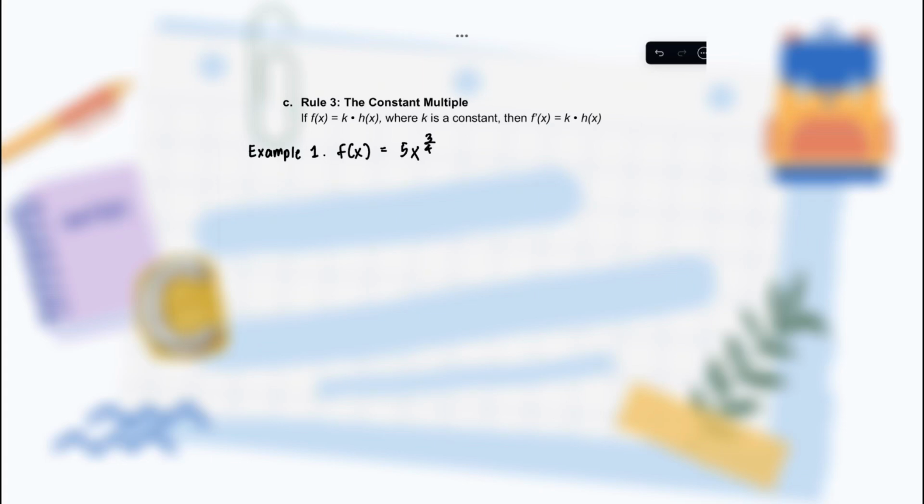So to solve this, we need to multiply our exponent, which is 3/4, to our constant, which is 5. And we subtract 1 from our exponent, 3/4 minus 1. So, our answer will be f prime of x equals 15 over 4x raised to the power of 1/2.